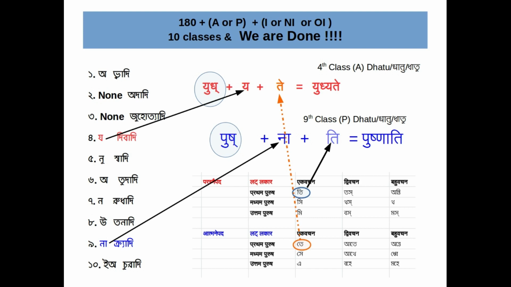So push plus na plus lat lakar ekavachan prathama purush vibhakti is ti combines together to form the word pushnati. Now this dantyanya has become murdhanya by some other rule of natva vidhi, but the mechanism is quite simple.